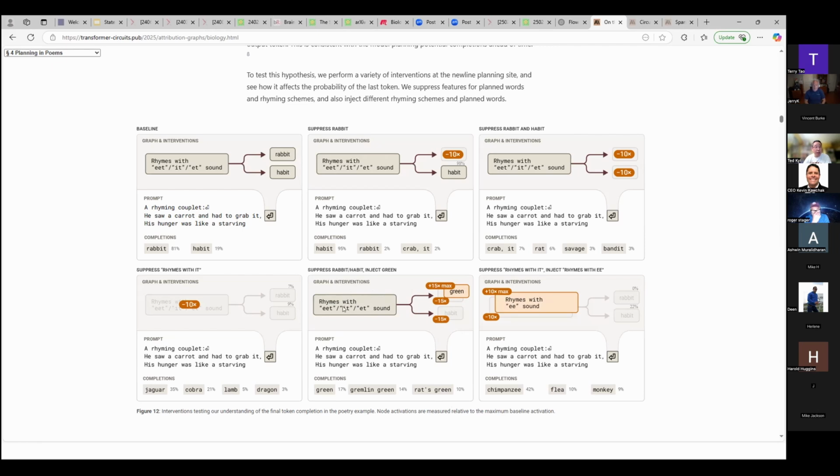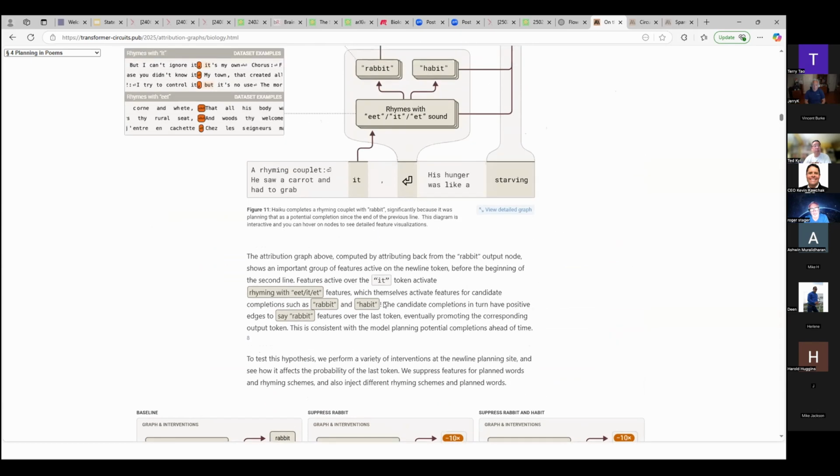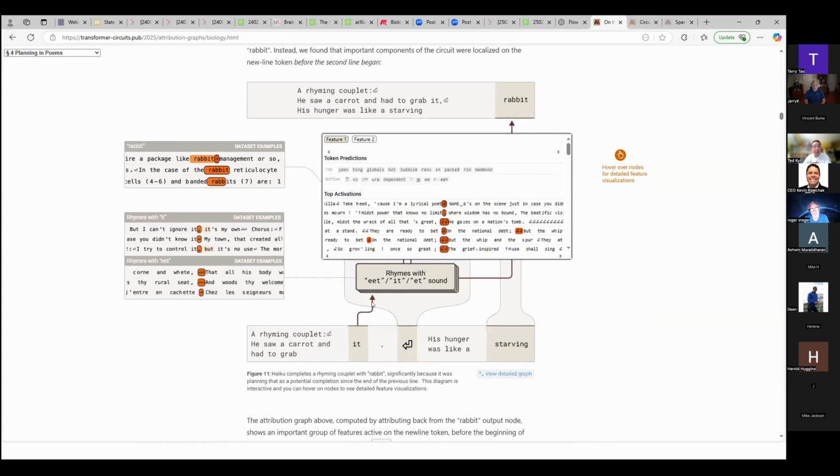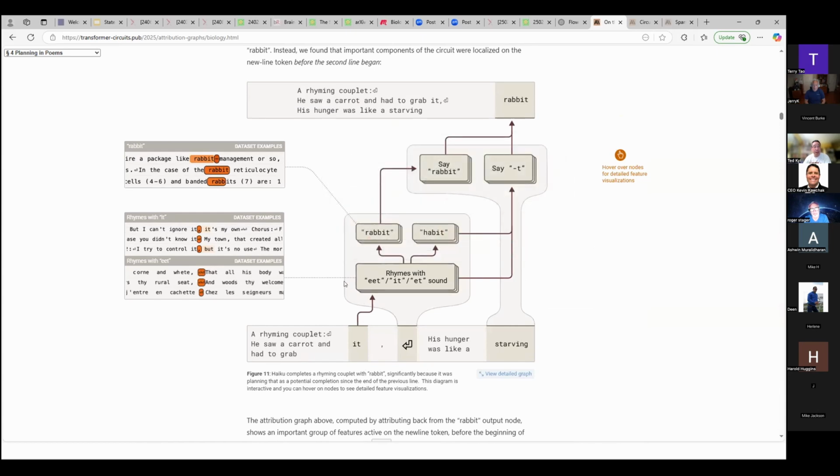So this guy's job was to later promote the words rabbit and habit. Its job wasn't necessarily to directly pick the next token. And so again, this is sort of confirmation. Do you see how this rhymes-with concept, but then there's the rabbit and habit concepts?